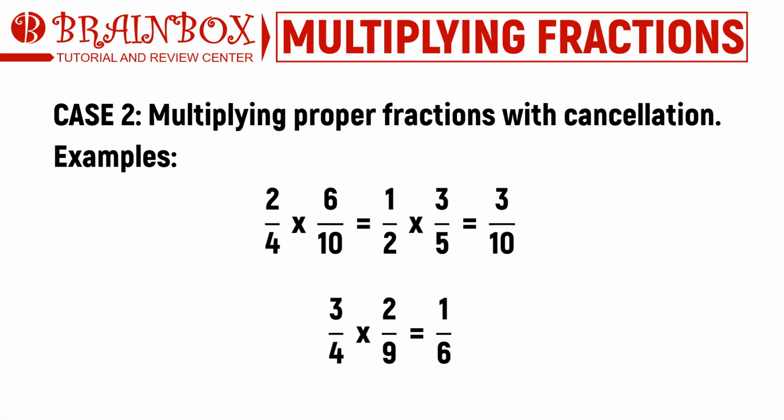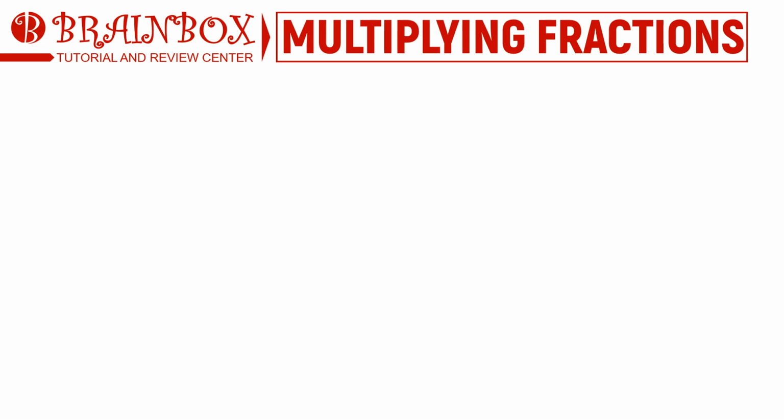For the second example, another approach can be utilized to arrive at the desired product. As we can see, the fractions are now in their lowest terms. However, we can still cancel the GCF of the numerator of one fraction with the denominator of the other fraction. To further illustrate, we can visualize the process through this.